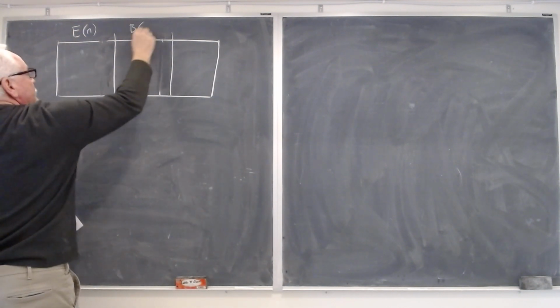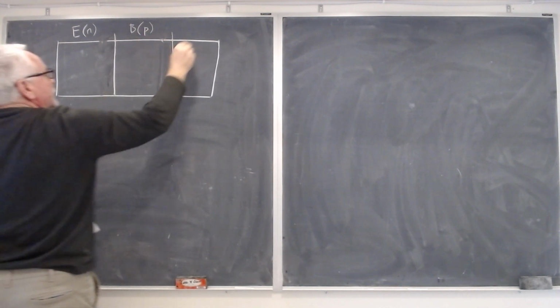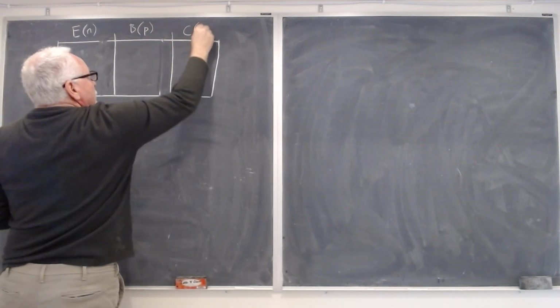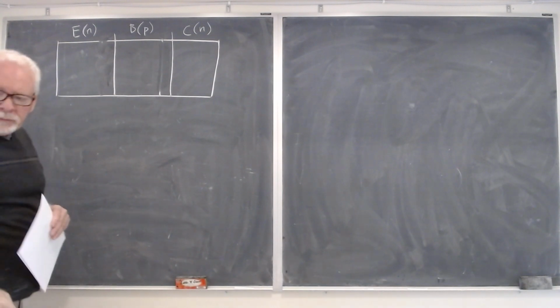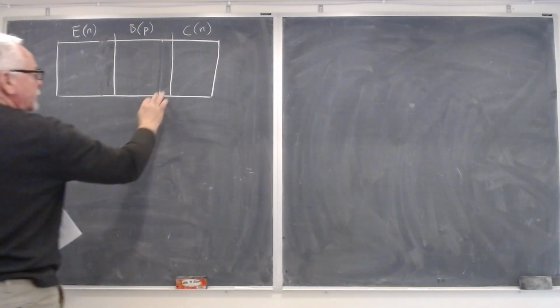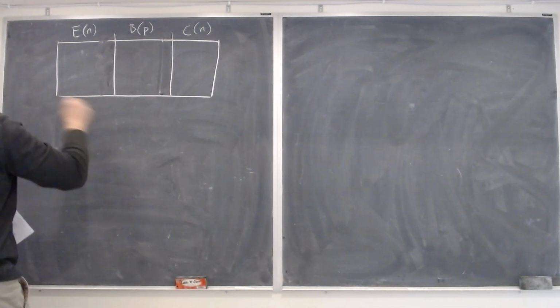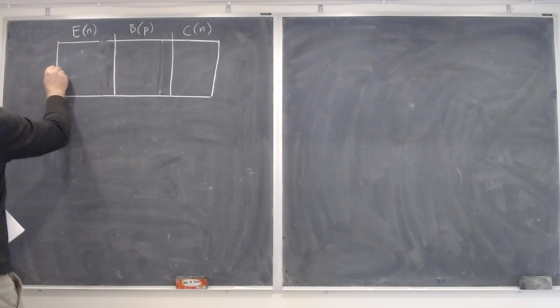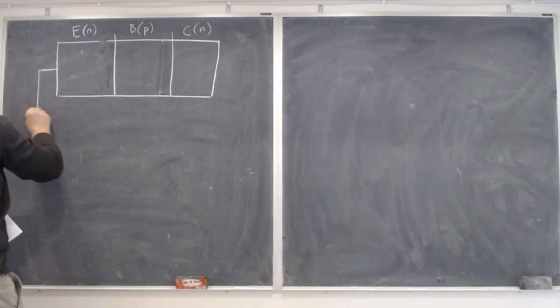This is the base, which is P-type, and the collector, which is N-type. And we're going to put it in the active region. In the active region, we're going to forward bias the base emitter junction.